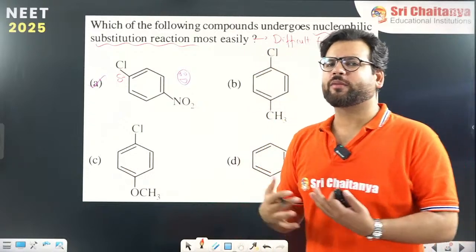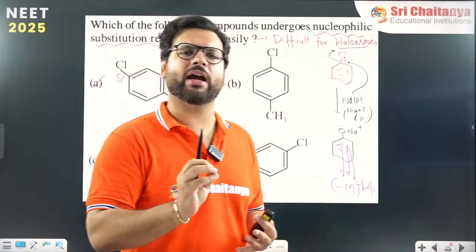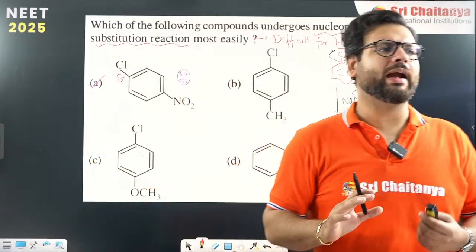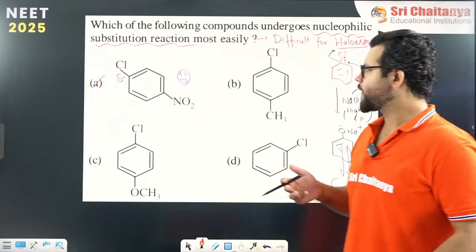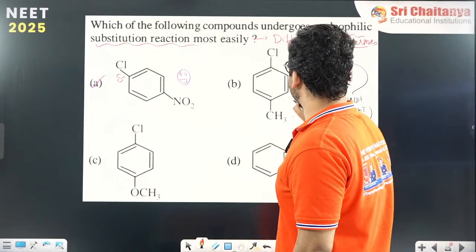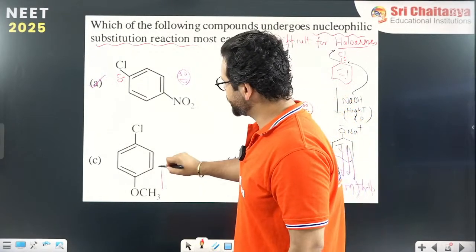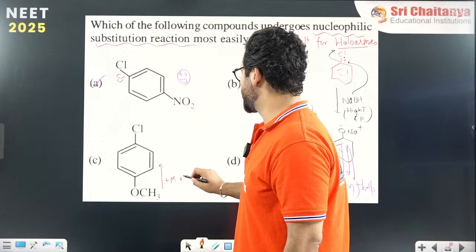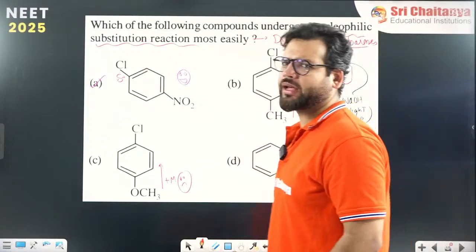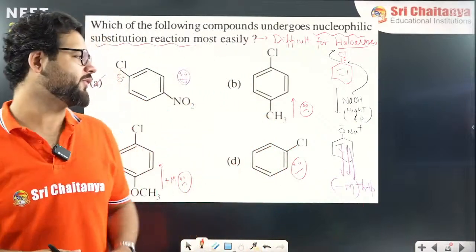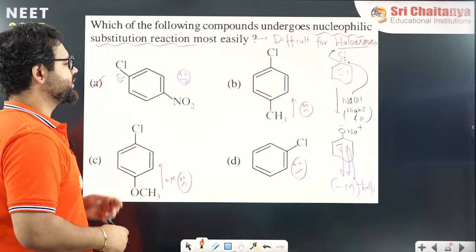Another reason from the mechanism, which you can check in the NCERT, is that a Meisenheimer complex gets formed and NO2 can stabilize that Meisenheimer complex. Here CH3 is donating electrons, not good. Here OCH3 is also donating by plus M, not good. Here it's average, not a very good reaction, not a very bad reaction. So this will be somewhere in the middle. So A, then D, then B and C.